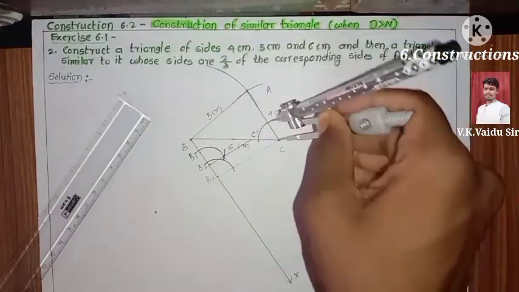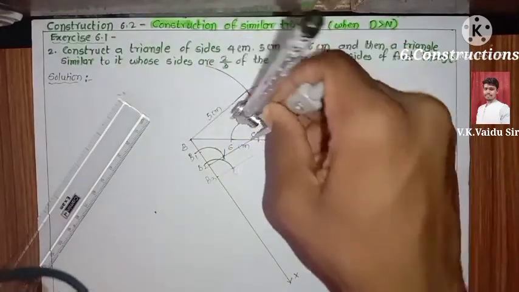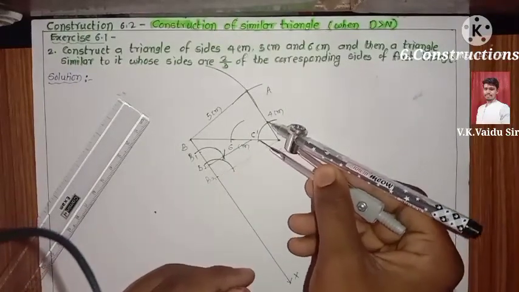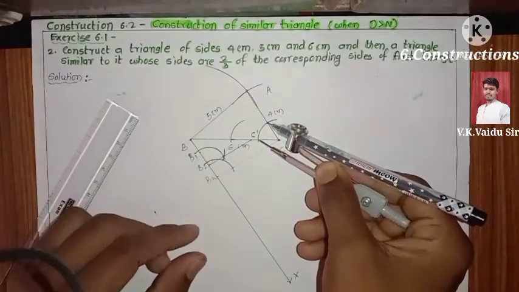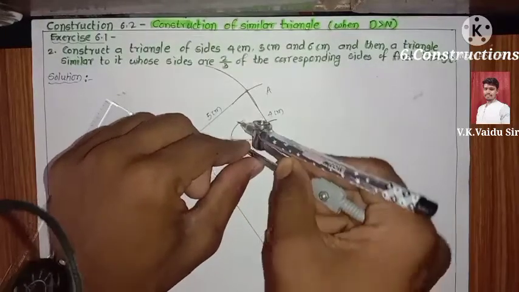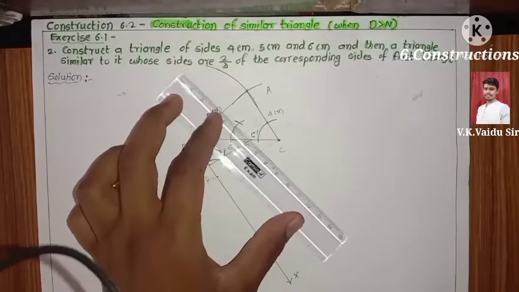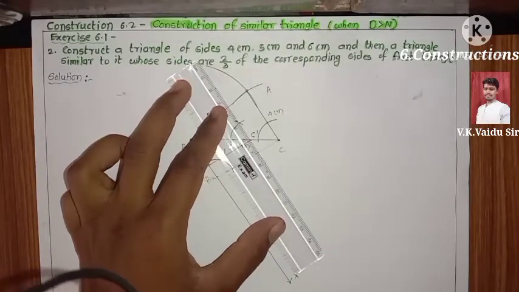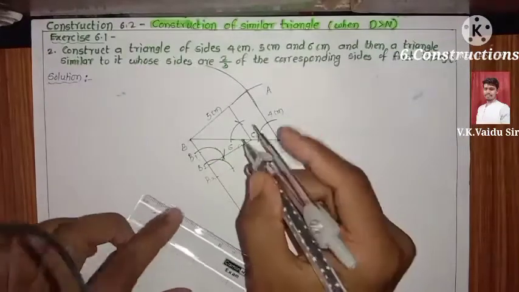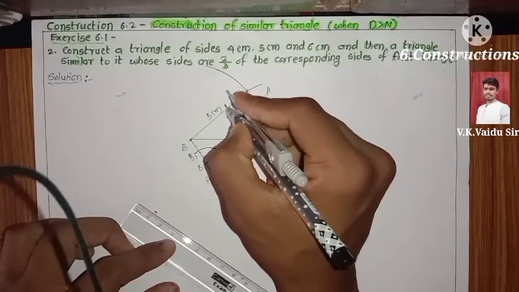Then put the needle on the new point C dash and draw one arc again. Take the distance between the intersecting arcs in the compass, put the needle on one intersecting point and draw one arc again. Through this intersection and point C dash draw a line parallel to AC. This new parallel line intersects AB at point A dash.